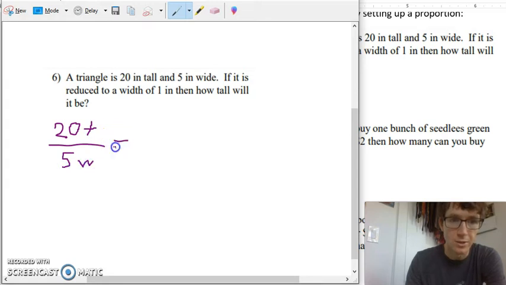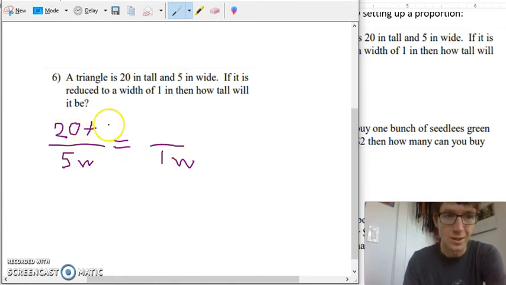That'll have to be equal to this triangle that's a width of 1, so 1 wide. And these letters I'm putting here are not really variables, they're units. So if you're getting confused, this is the tall section, this is the wide section. And we're trying to find something that's x tall.